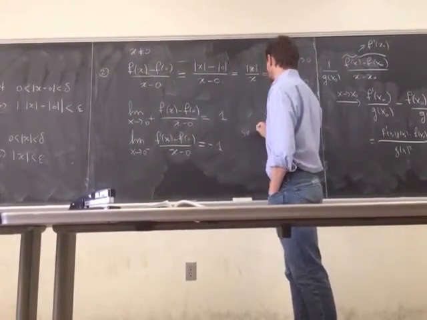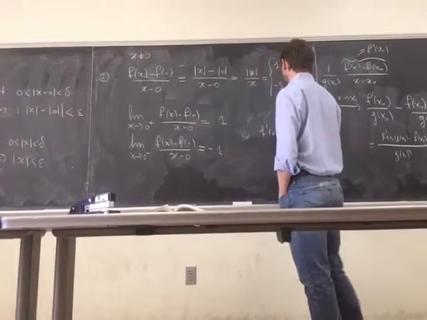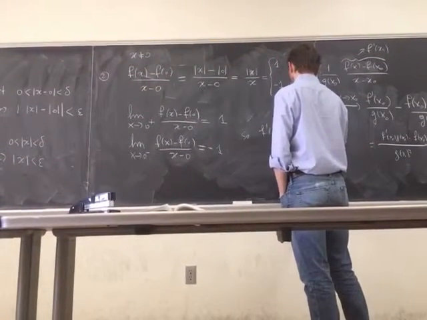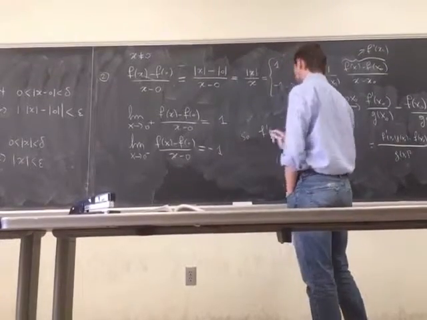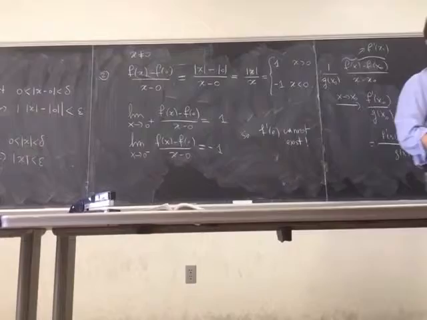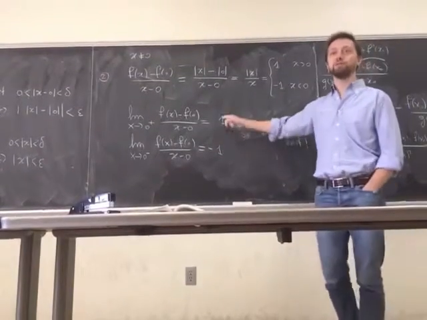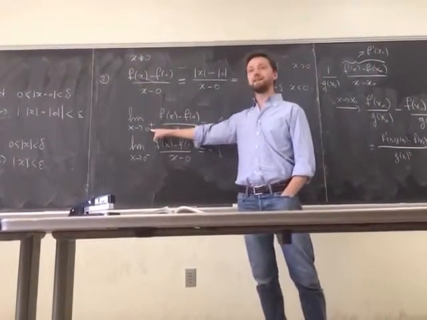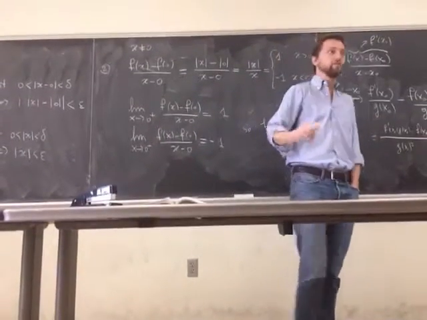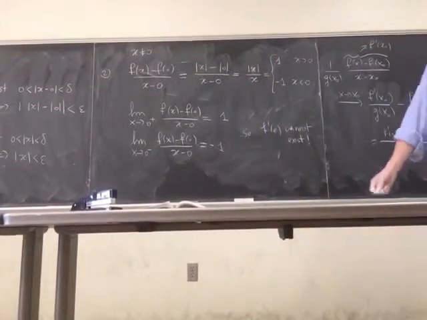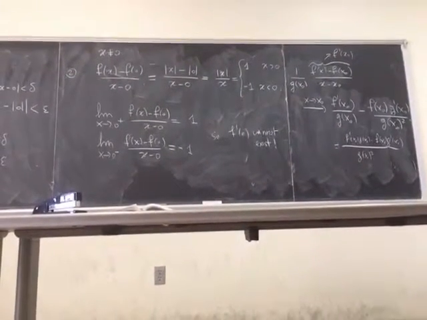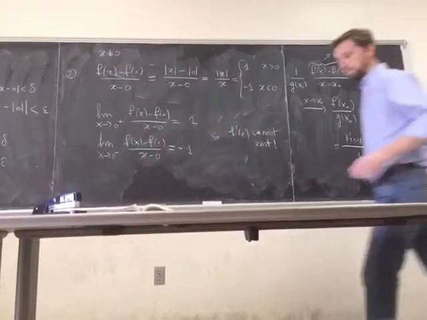So f prime of 0 cannot exist, right? Because if f prime of 0 exists, what does it mean? It means that the limit exists. But if the limit exists, then the limit from the right and the limit from the left must be the same. So the fact that they don't agree immediately tells you that you cannot expect the limit to exist. Okay?